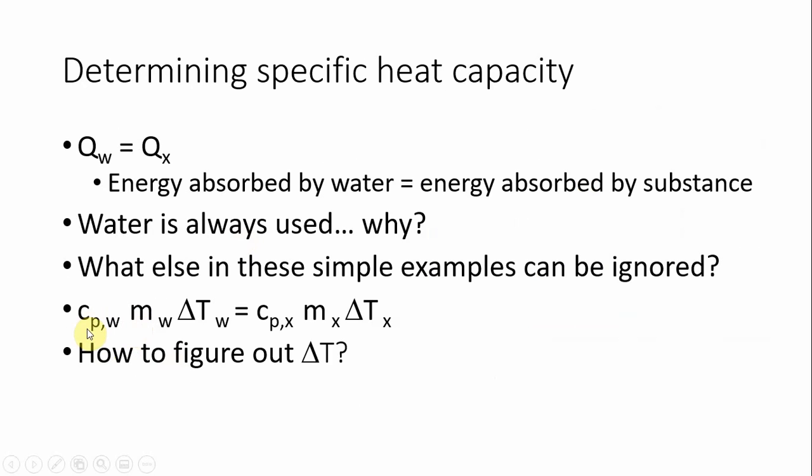So C_p,w, the specific heat of water, times the mass of the water, times the temperature change of the water, equals the specific heat of your unknown substance, which you'll most likely be solving for, times the mass of your substance, times the temperature change of your substance. And of course, you're going to have the initial temp of the water, the initial temp of the object, and then a final temp for them both after they have reached thermal equilibrium.